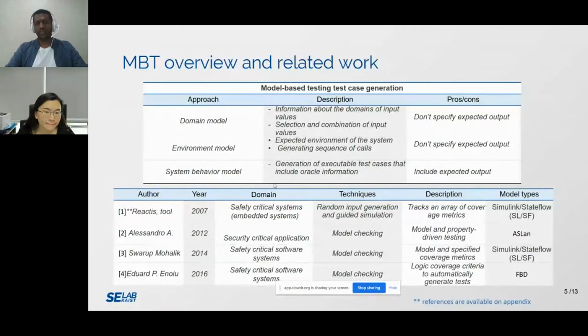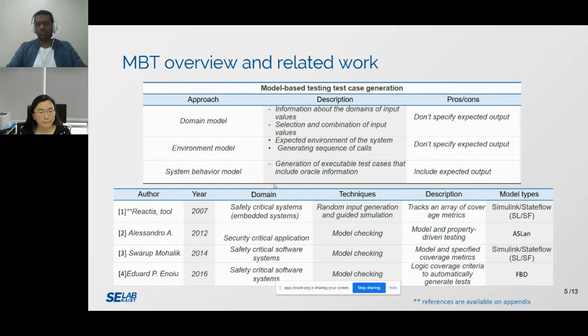In model-based testing, test case generation, many of the works focus on or utilize these three methods, as I tried to give briefly in the previous slides: domain model, environment model, and system behavior model. The limitation in the domain model and the environment model is they rely on the external information of the system, so they cannot specify expected outputs because they do not have a means to discover the behavior of the system internally.